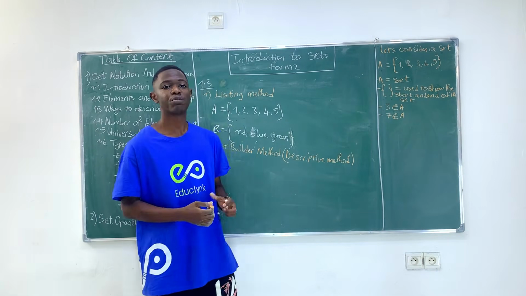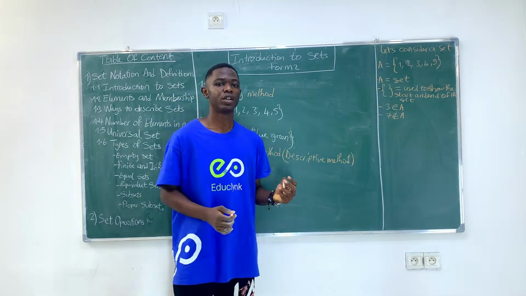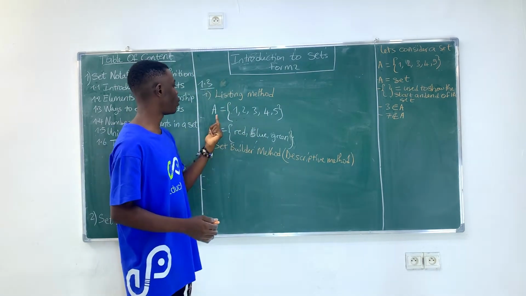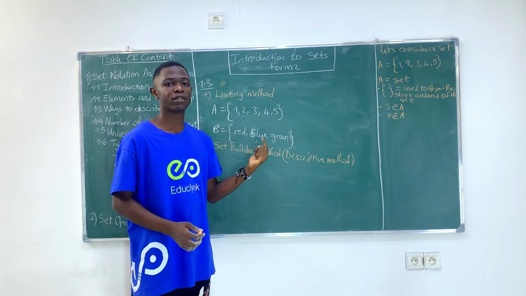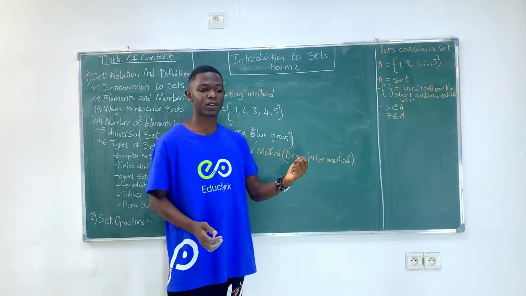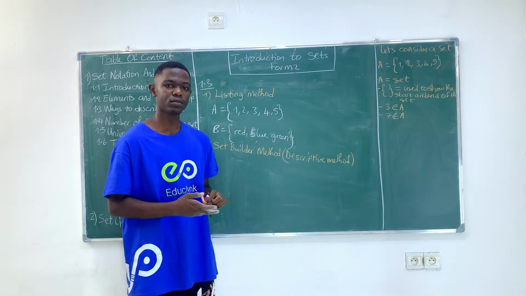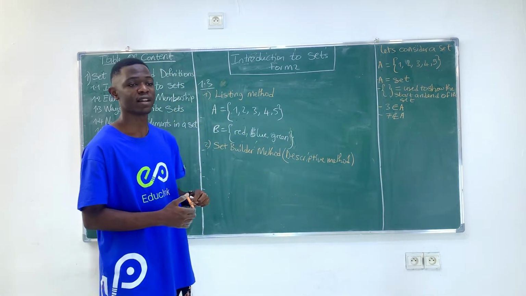So here it describes the property of the set. It does not actually list the elements. Like here we say the set A contains 1, 2, 3, 4, 5. Here it describes the main property of the set, like a rule that defines the elements.